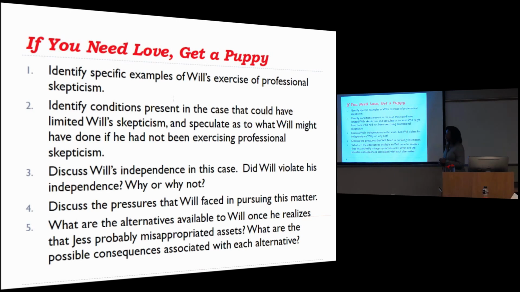What kind of pressures did he face? Remember when we talked about judgment, that pressures can impede professional skepticism. And what alternatives existed for him? Why don't you take about 15 minutes to discuss that. Just jot down notes, you don't have to write anything formal. And make sure that there's someone to talk about professional skepticism.